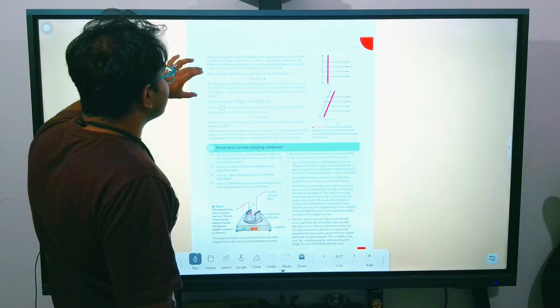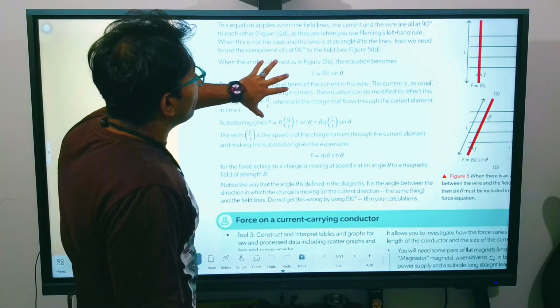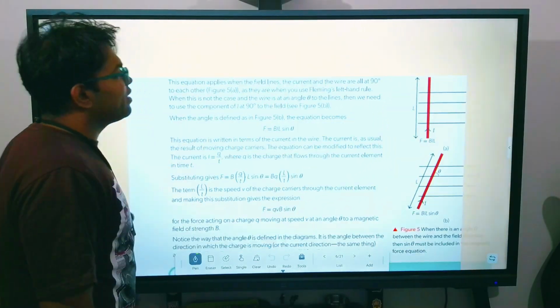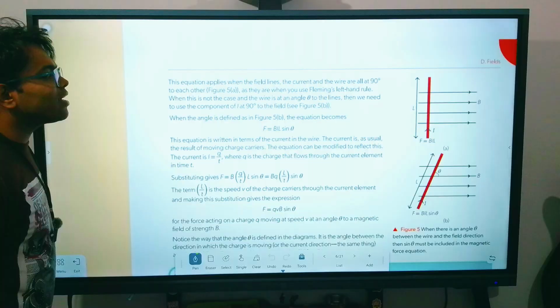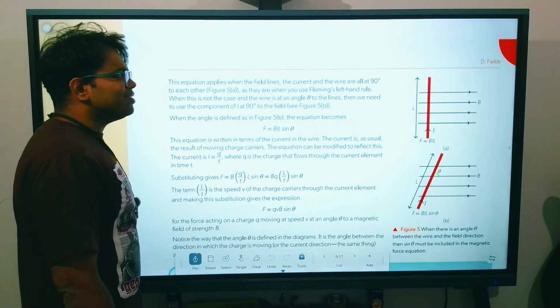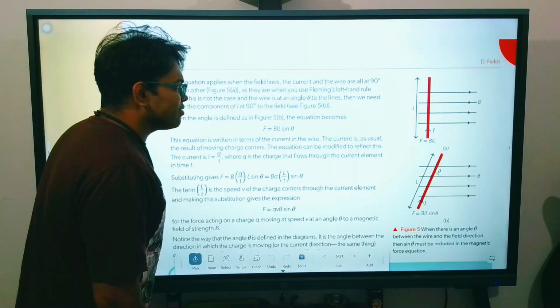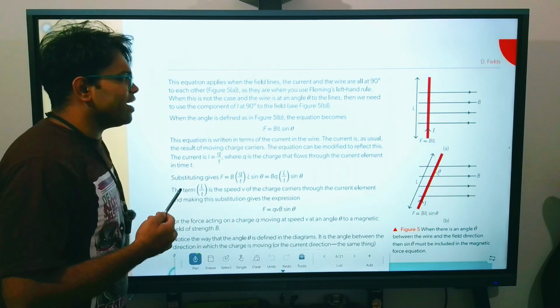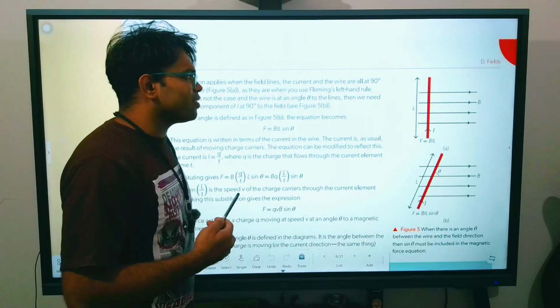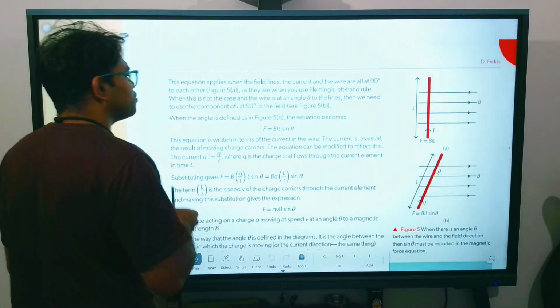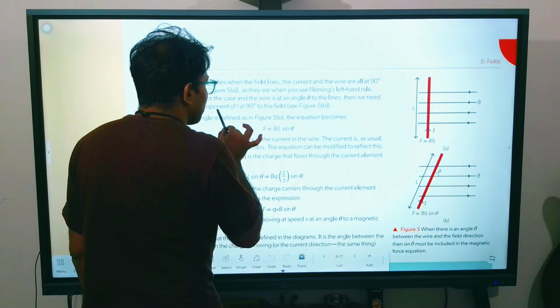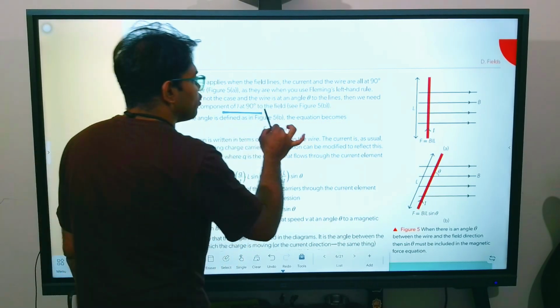Let's move on. The equation applies when the field lines, the current, and the wire are all at 90 degrees to each other, as they are when we use Fleming's left hand rule. When this is not the case and the wire is at an angle of theta to the field, then we need to use the component of I at 90 degrees to the field.